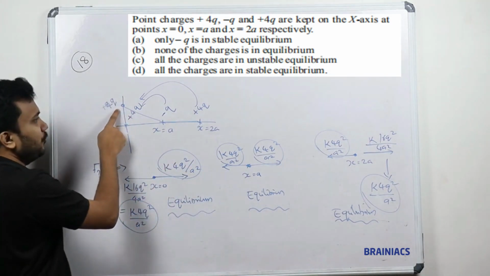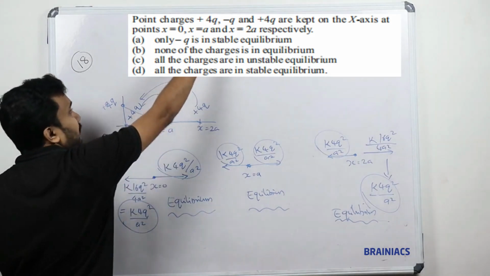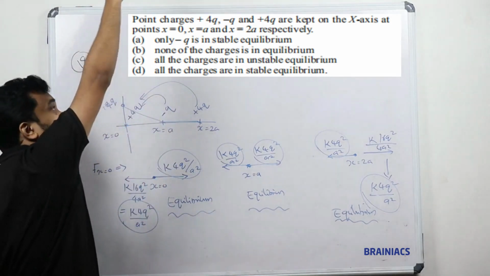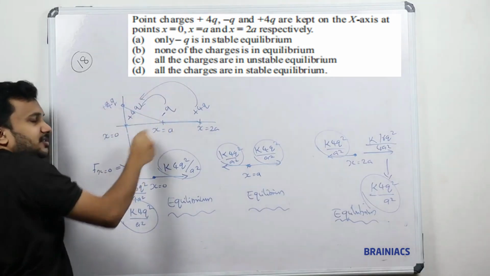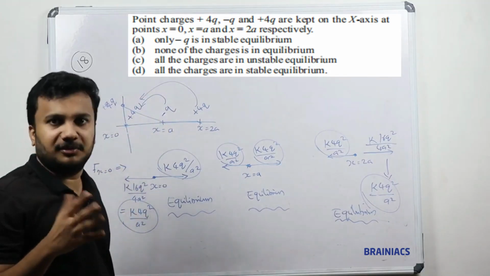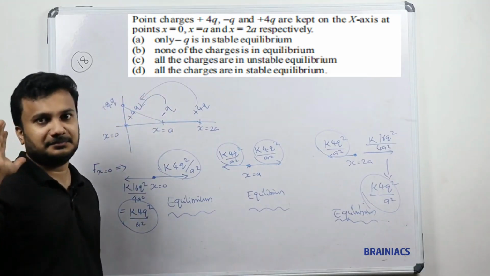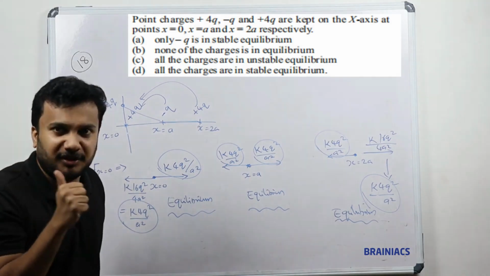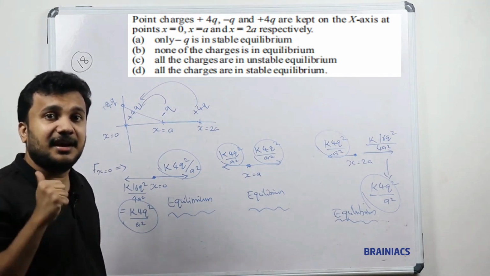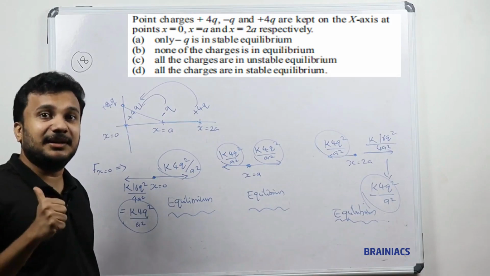If I change minus 4q to here, will somebody pull from the top side and say, hey, go to x equals a? Nobody will pull. It will go its own way. So what kind of equilibrium is this?